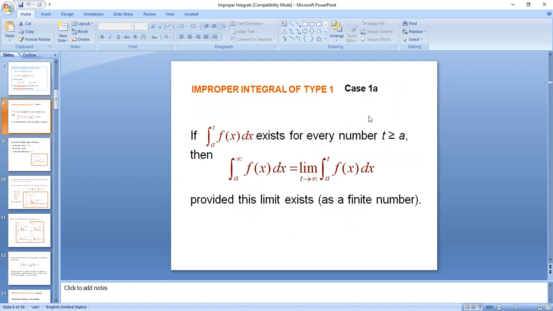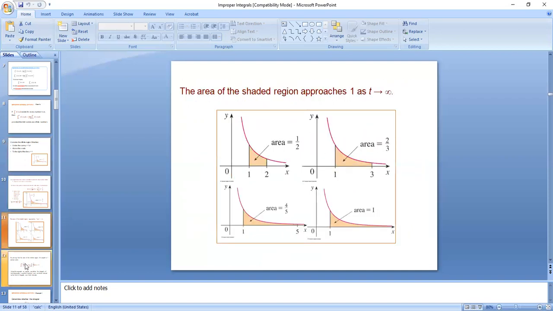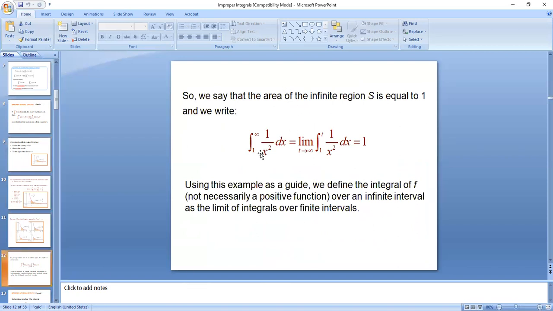This is case A under type 1, wherein the upper limit of integration is infinity. So we evaluate the integral as its limit, with the upper limit of the integral approaching infinity. This is what we discussed last meeting.